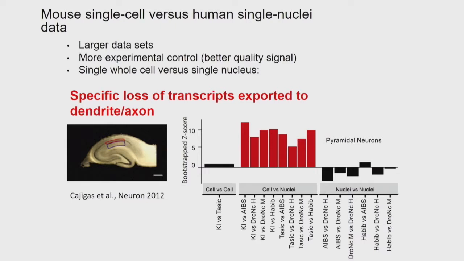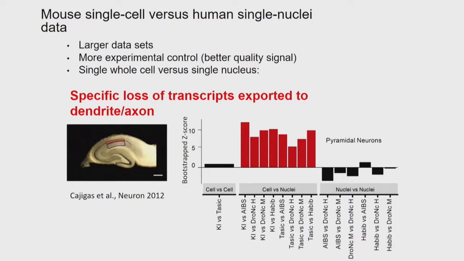If we compare the blue and the red one here, the red being the cell body, what we could show is that if you compare two whole cell data sets, you see no difference. But if you compare all the data sets that we could find for whole cell versus those that had whole nuclei, we see a very selective depletion of the transcripts that go out into the dendrites and axons.